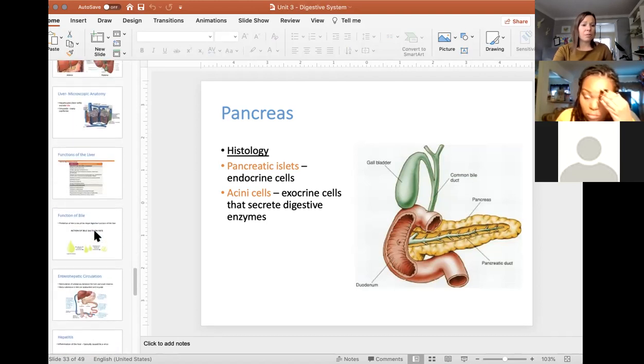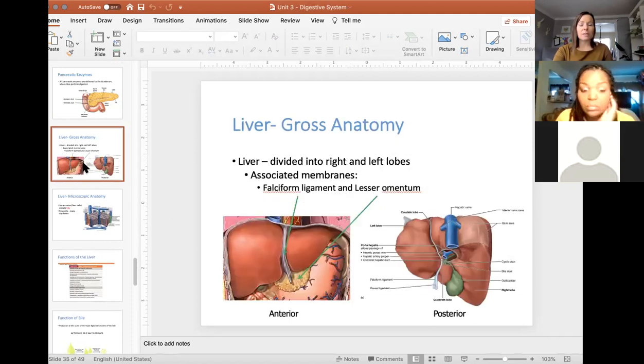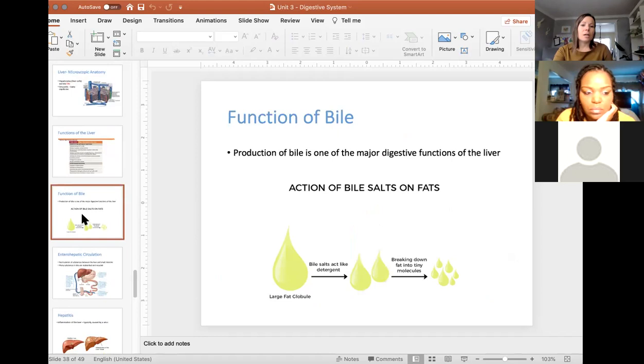The other thing is you have the liver and you have the gallbladder, that little green organ, and you can see it a little bit better from the backside. The gallbladder is kind of hidden underneath the liver. So the liver produces bile, and after it's made in the liver, it gets sent into the gallbladder to be stored for whenever your body needs it.